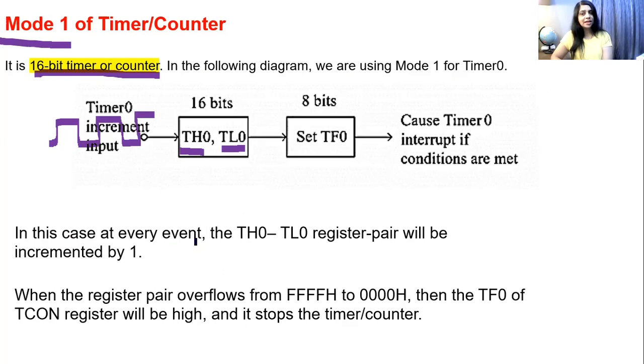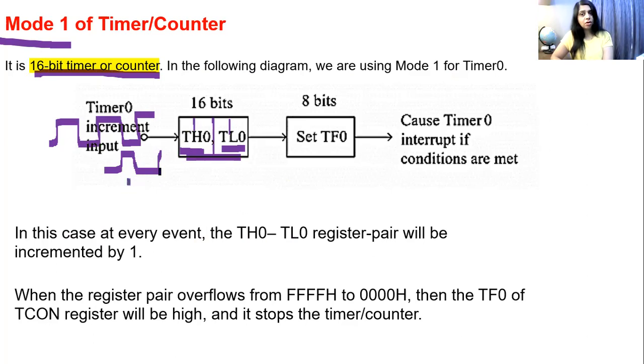In this case, at every event, the TH0 and TL0 register pair will be incremented by 1. What happens? It is 16 bit, so this is the lower byte and this is the higher byte. When the first clock pulse enters, this will be incremented by 1 and this will also be incremented by 1. This will become 1, this will become 1.